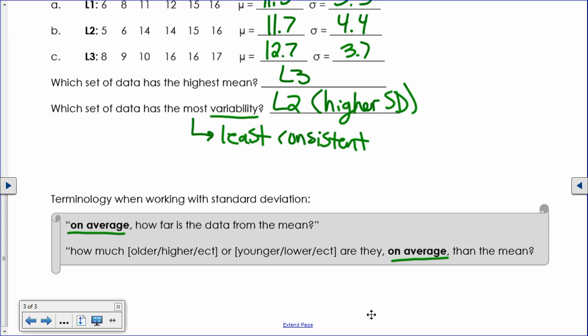So those are 2 different ways they can express a question. They will not just say, what is the standard deviation? You're never going to see something like that. They're going to bury the question in this terminology, so you guys need to understand that. When they ask about how far something is from the mean, on average, they're referring to the standard deviation. Okay? Does that make sense?